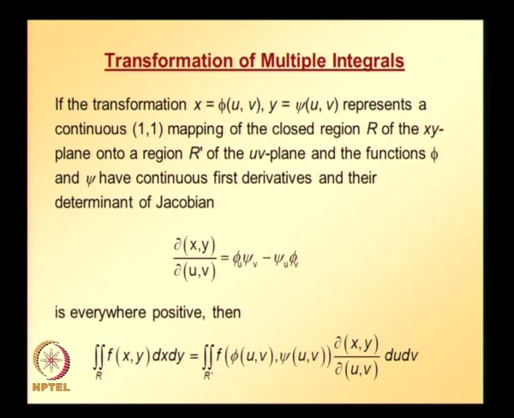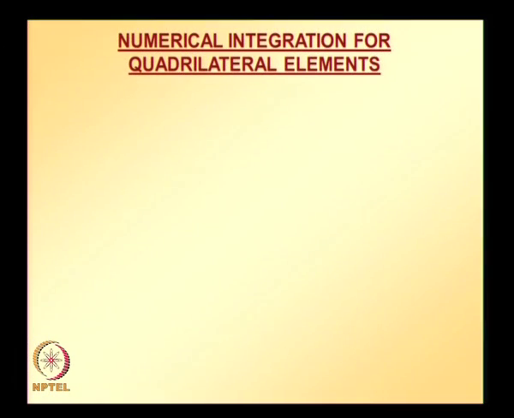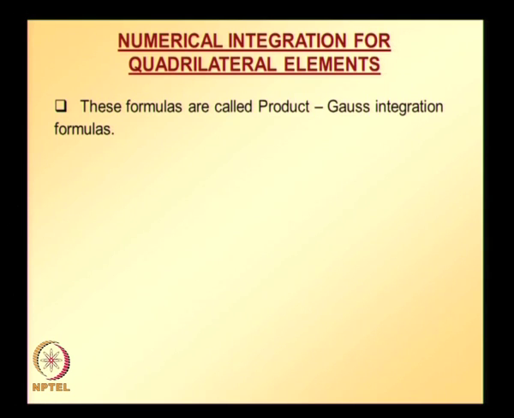So now let us look at how to apply these concepts for numerical integration over quadrilateral elements, and these formulas are called product integration formulas. Basically these are the same as what we have already seen.